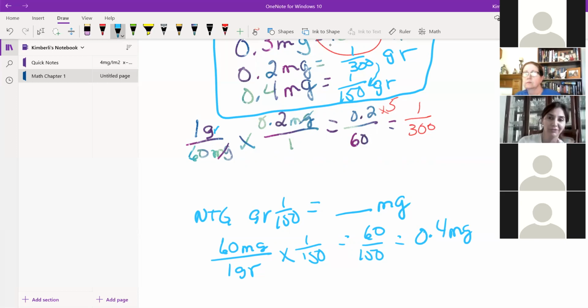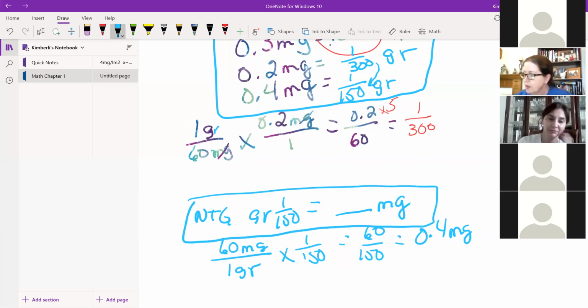I don't get the last one. Okay, so this is the problem that you'll get on these exams. If there's 60 milligrams in 1 grain, what we have is 1/150th of a grain. So it's basically 60 milligrams divided by 150.